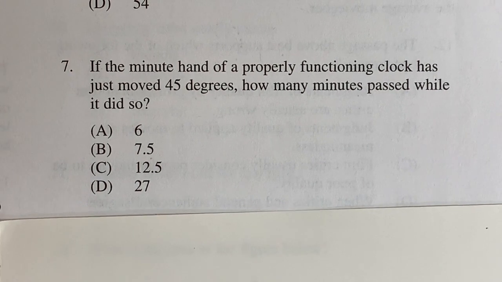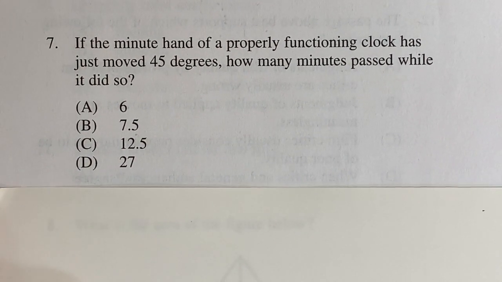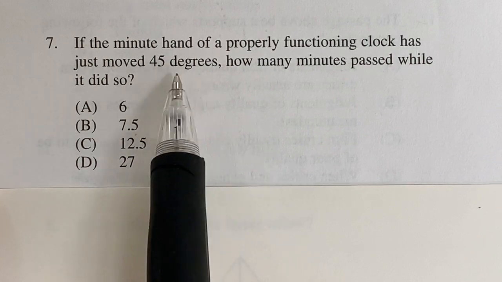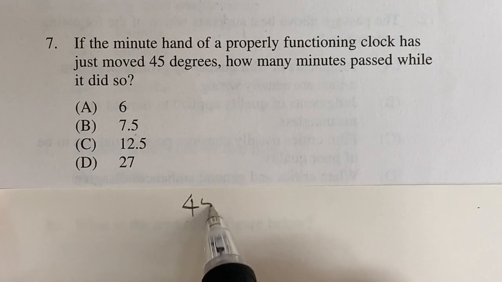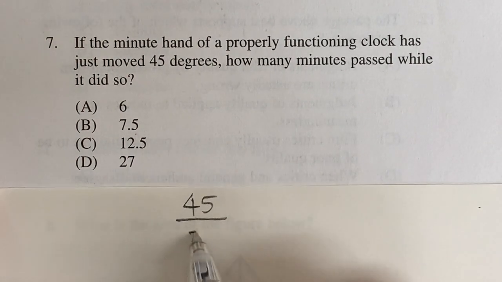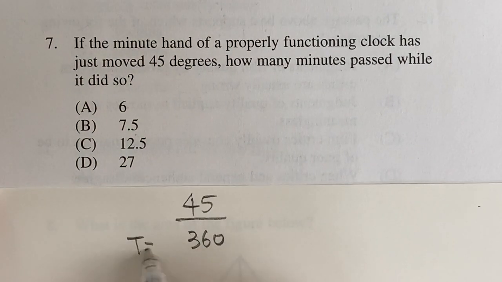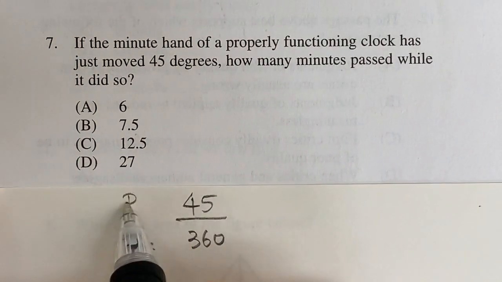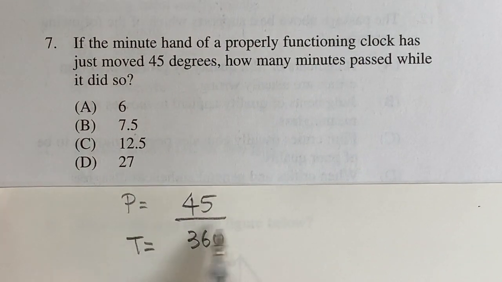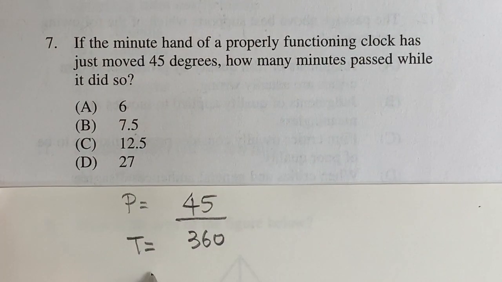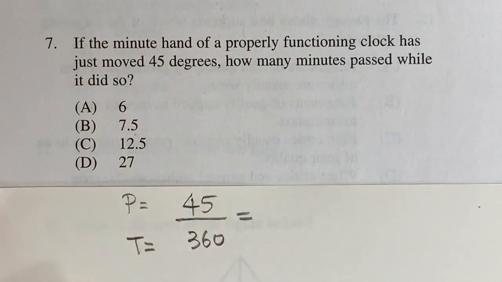So I'm gonna make a proportion, the ratios here. It says that it's 45 degrees. So 45 degrees has to be out of 360 because the total is 360. So this is going to be parts that it's given, parts on the numerator, and then total on the denominator. This is going to be equal to whatever they're asking.